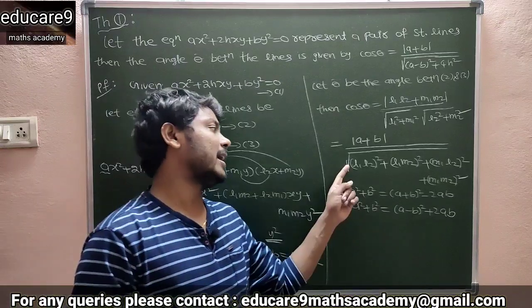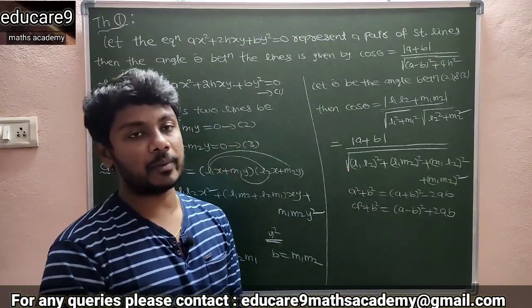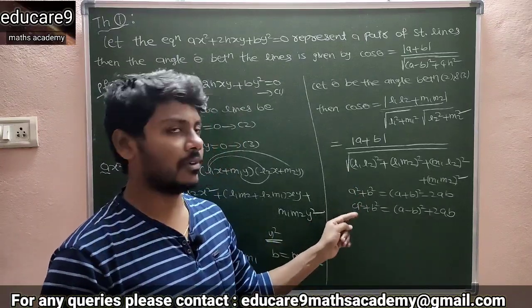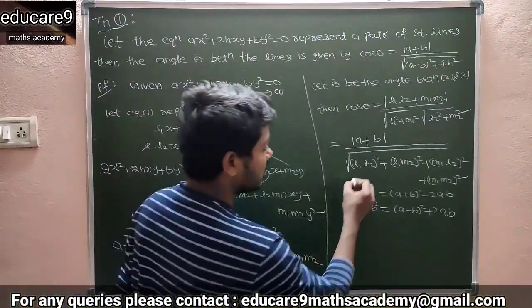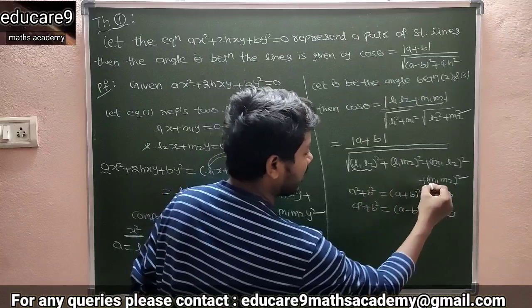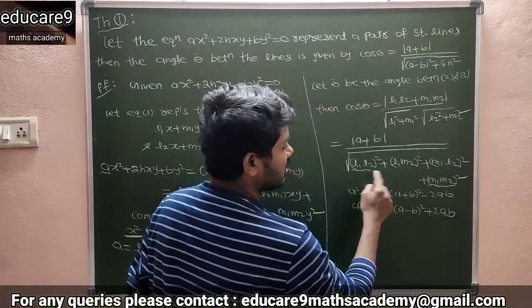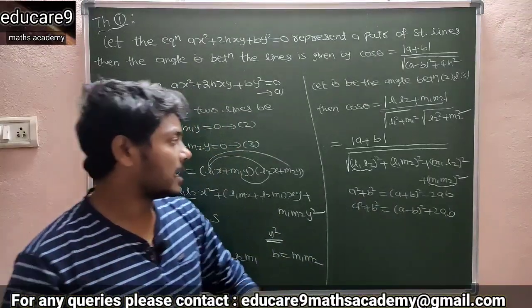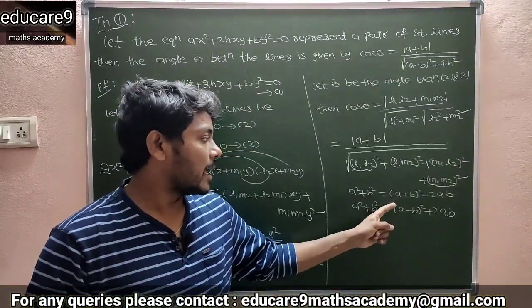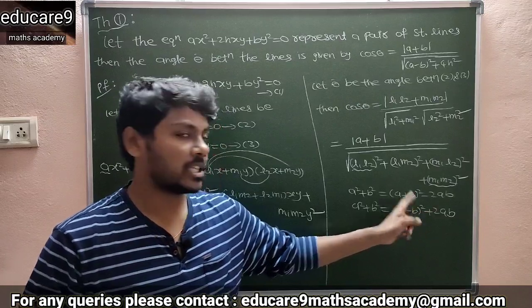So otherwise we have to add and subtract 2 L1 L2 M1 M2, or apply these two formulas. Okay. So see here, this is A square and this is B square. So A square plus B square can be written as (A minus B) whole square plus 2AB.